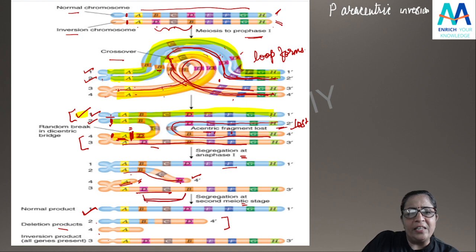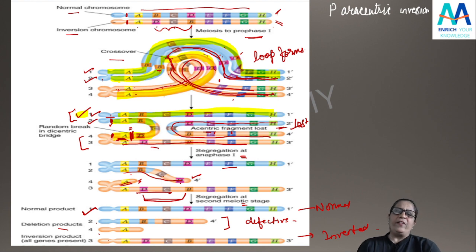That means it is an inversion product. genes तो सभी present है, but they are inverted. So this one is a normal product there, and you can get one is your inverted product. Yes, and two are defective. Two are defective due to the deletion. This is a result for a paracentric inversion.